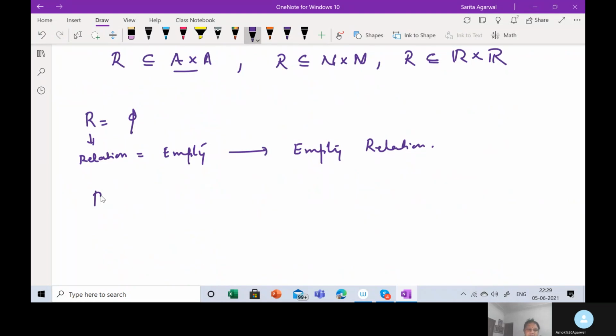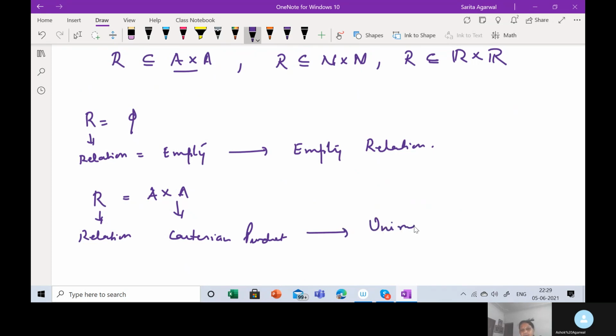When the relation is the Cartesian product of the set, it is known as the universal relation.